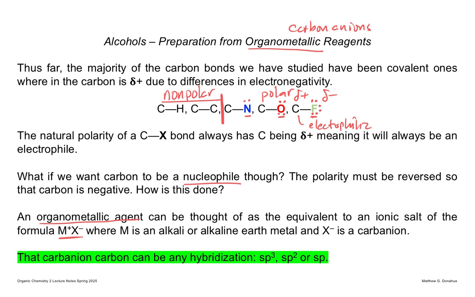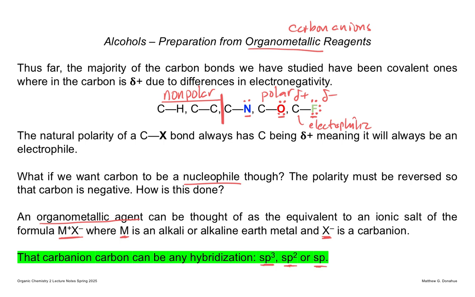We'll see what metals are typically used, and then how we generate these carbanions. And within that, the carbon atom can be sp3, sp2, or sp hybridized.